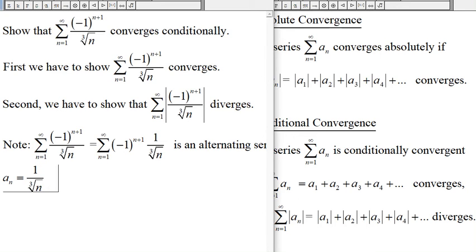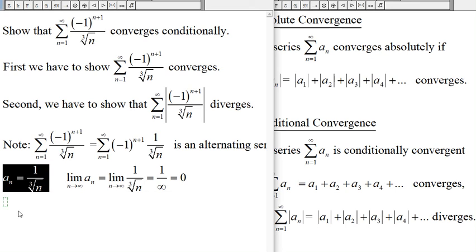And right here we can see that the limit of a sub n, which is the limit of this, is 1 divided by infinity, which is 0. So this is condition number 1, and then we have to show also that a sub n is greater than a sub n plus 1.